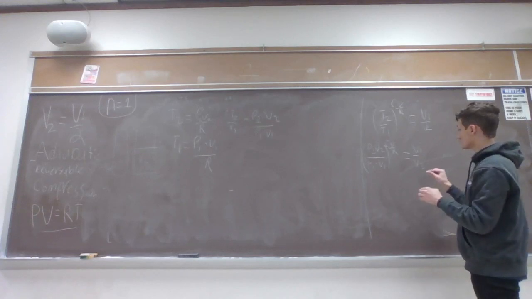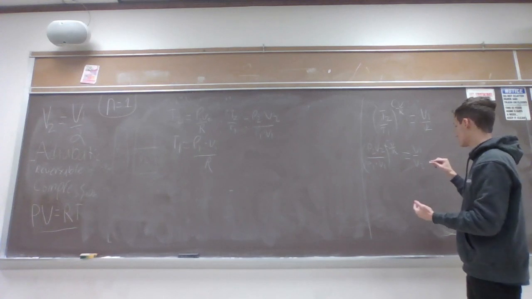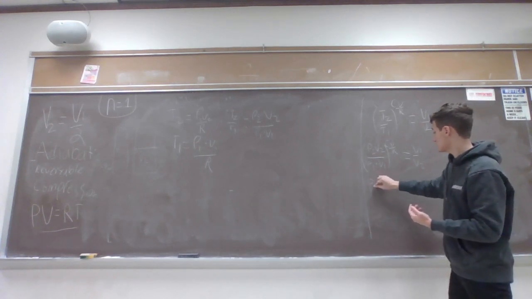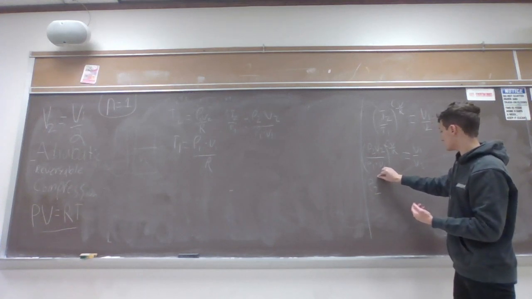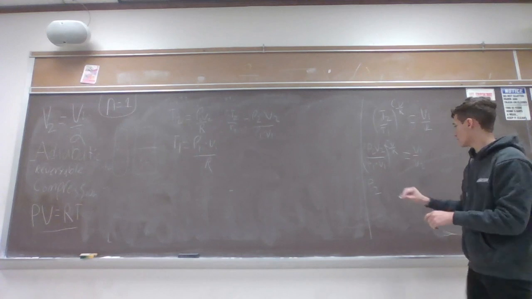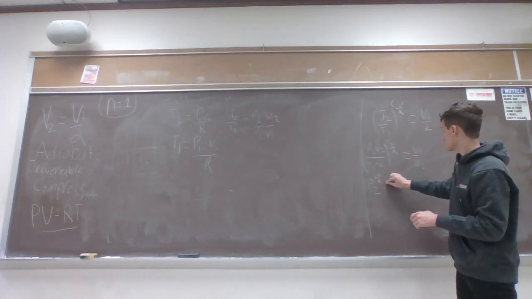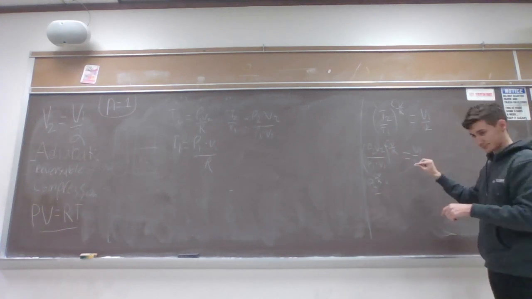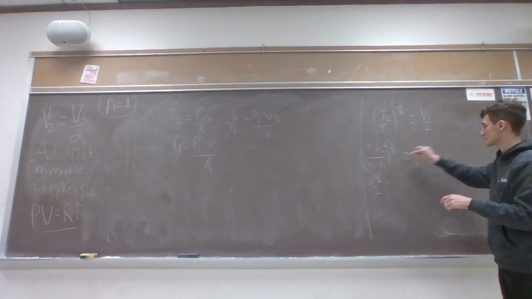So now we're going to separate our variables, or separate our powers. So we would have P2 to the CV over R multiplied by, we want to take V2 over to the other side. Or you can think of this as moving this over.